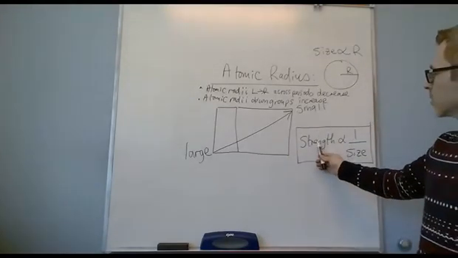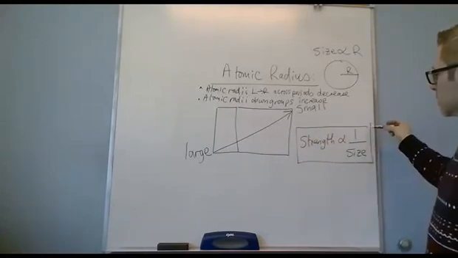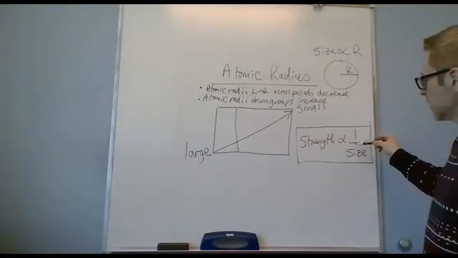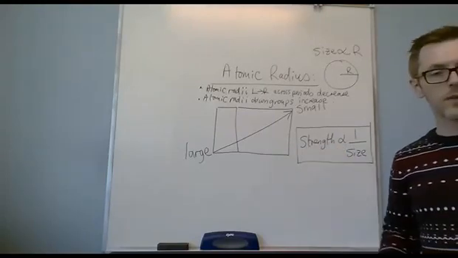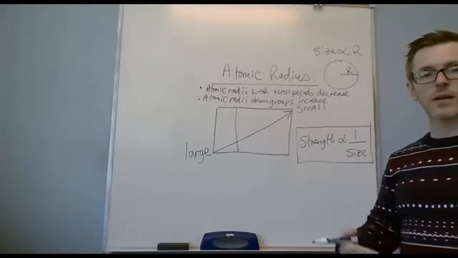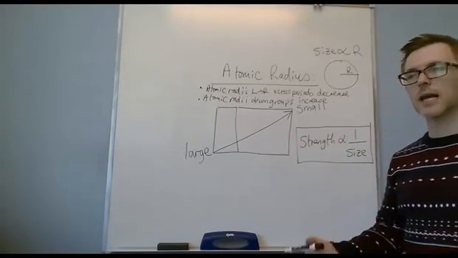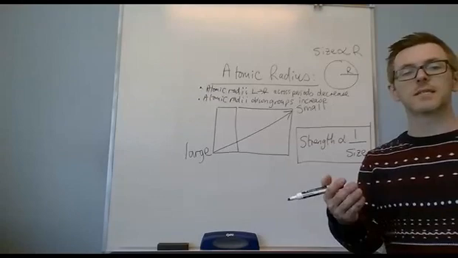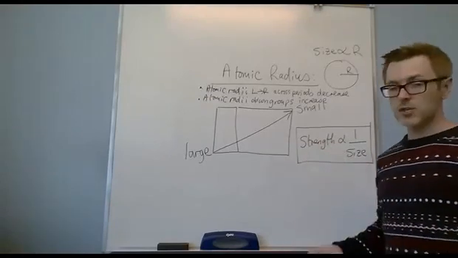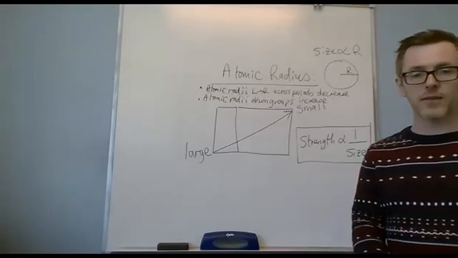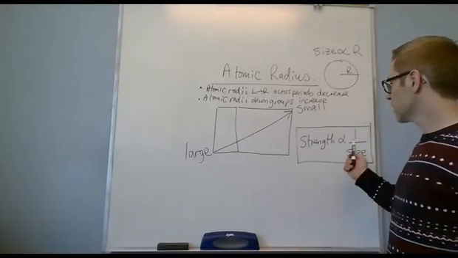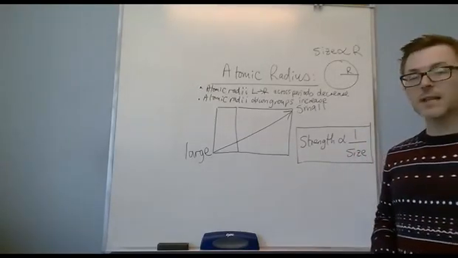If you're strong, you're small, and if you're large, you're weak. The relationship between ionization energy and electronegativity is direct. The relationship between ionization energy and electronegativity compared with atomic radius is indirect.